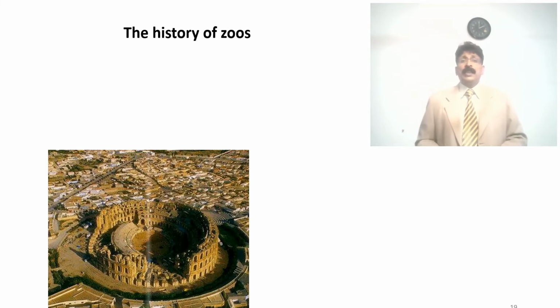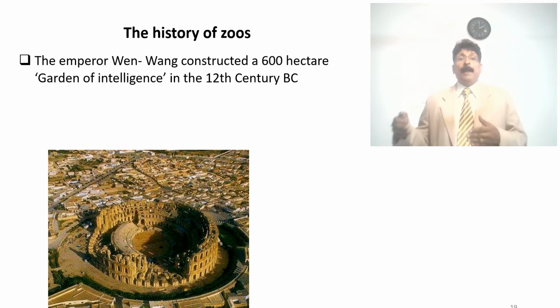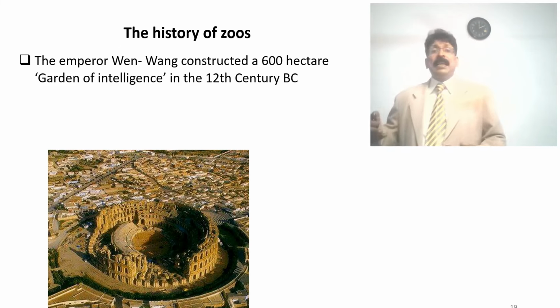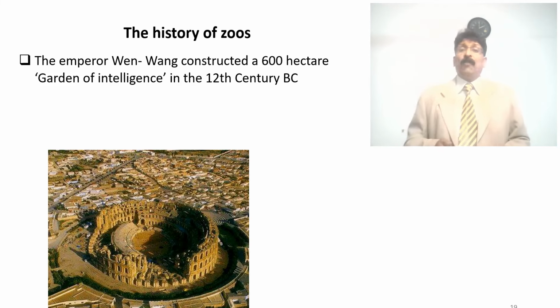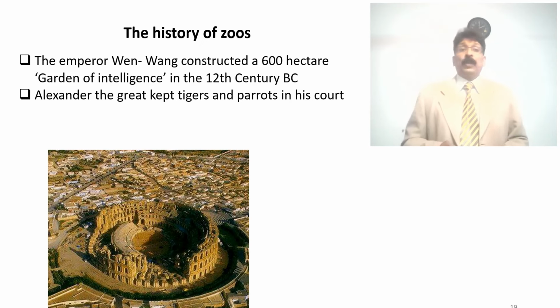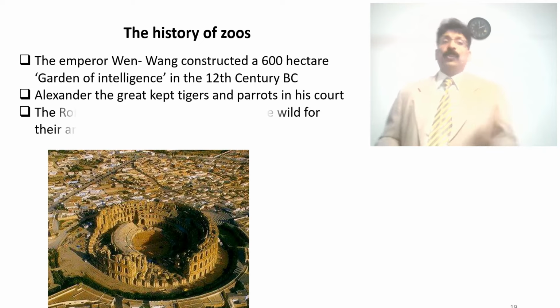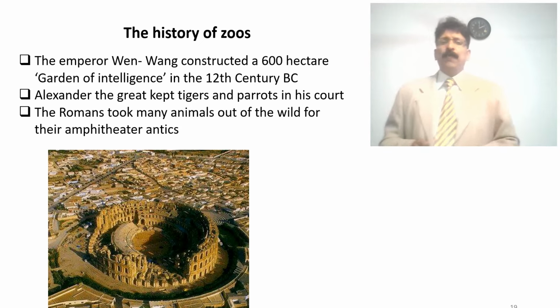So the history of zoos: the Emperor Wen Wang constructed a 600 hectare garden of intelligence in the 12th century BC, before Christ. Alexander the Great kept a tiger and parrot in his court. There's an example which made them bring a zoo.